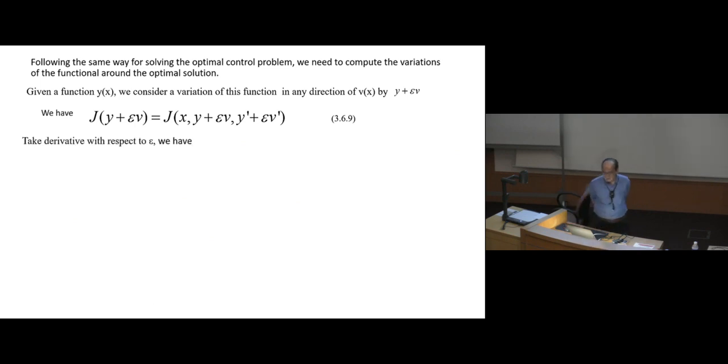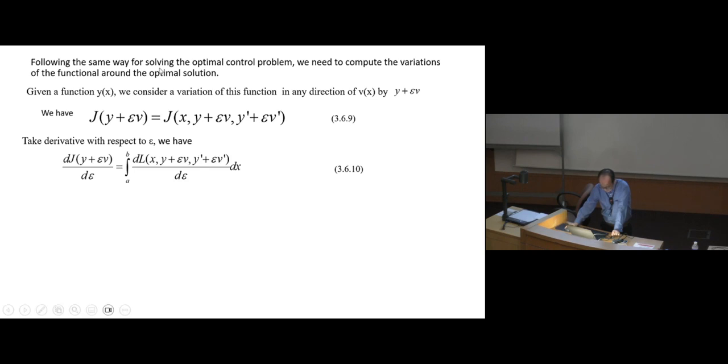Once again, if y is fixed and the function v is fixed, this becomes a function of one variable, epsilon. And we should evaluate the derivative of this function with respect to epsilon.